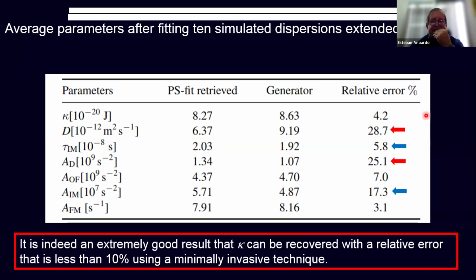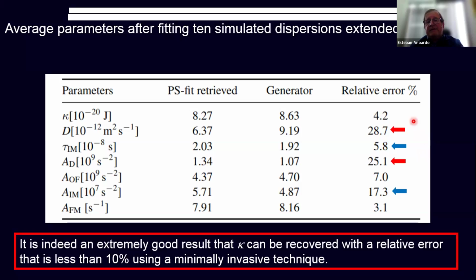So the fact that we can get kappa with less than 10% is a really good result. And now, what do we do with it? We have two possibilities. One, we measure diffusion with an NMR technique, pulsed gradient or whatever, and we get the diffusion constant, we put it here, and then kappa will in principle be better determined.